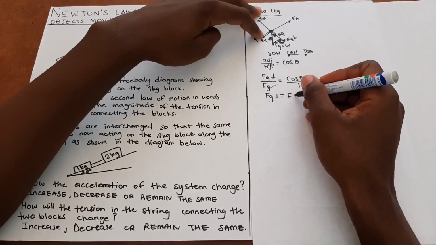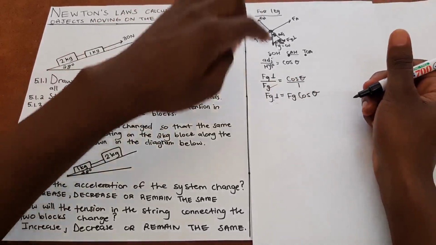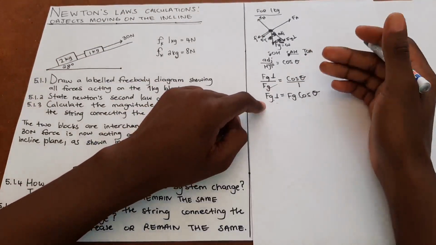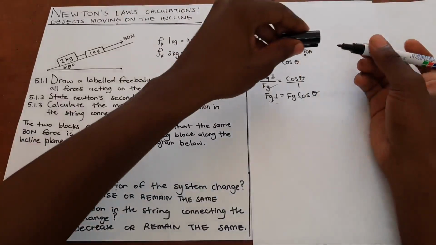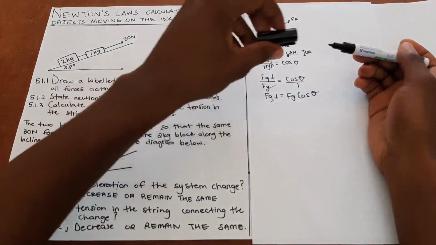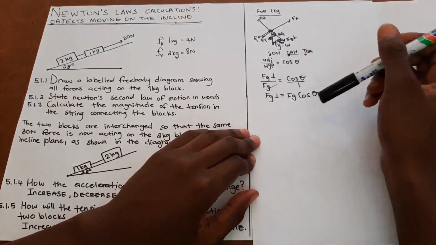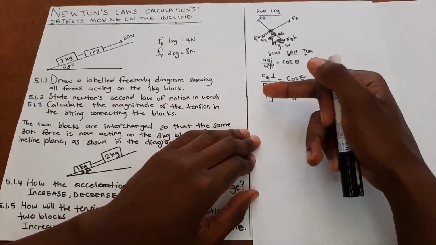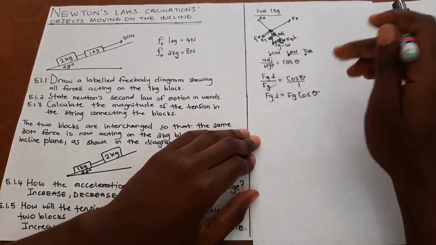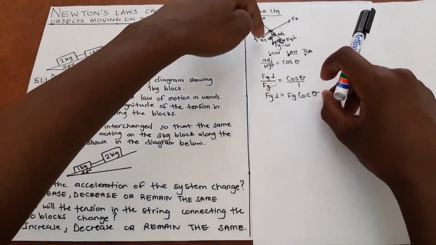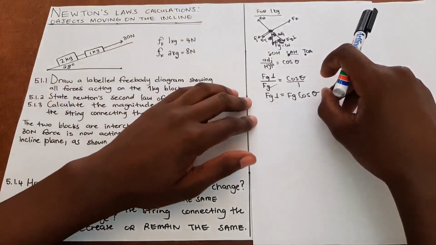This becomes Fg cos theta, and that's how you get it, or you can continue calculating your components. So this is the formula for Fg perpendicular. Always it's like this, but I derived it for you to make things easier so you can see everything clearly.